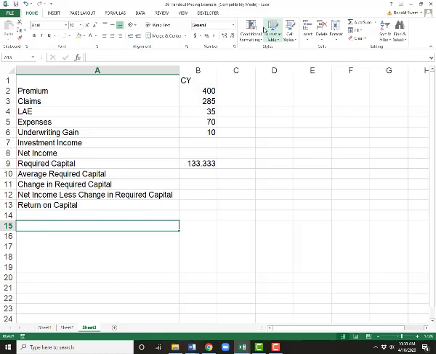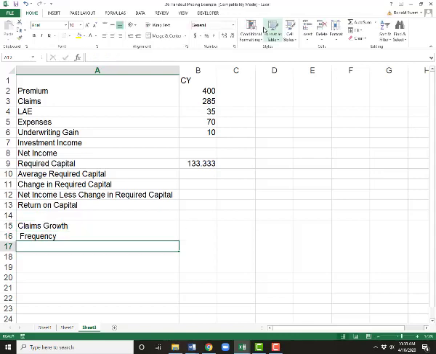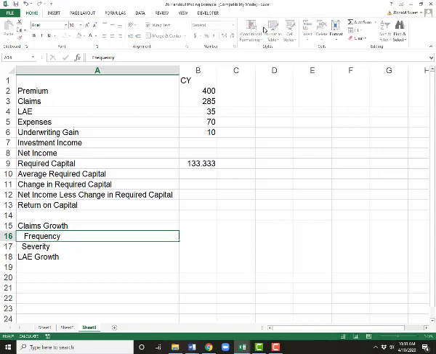And then we have our claims frequency growth, so growth, frequency, and severity. We have LAE growth, frequency, and severity.